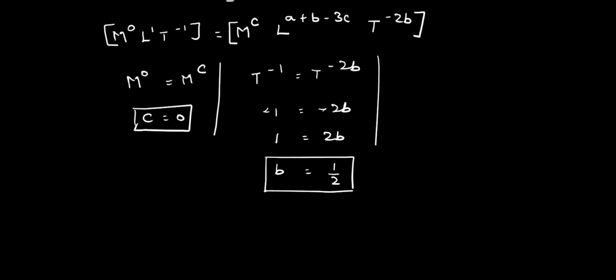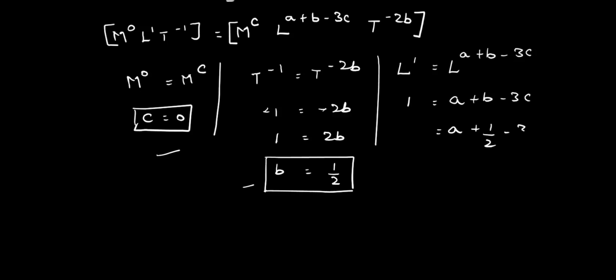For the last one, which is for length, L power 1 is equal to L power A plus B minus 3C. So 1 is equal to A plus B minus 3C. Now substitute for B and C. So A plus 1 by 2 minus 3 multiplied by 0. Anything multiplied by 0 will be 0.